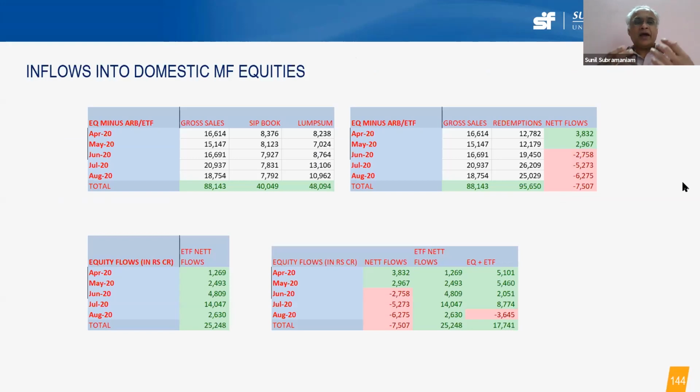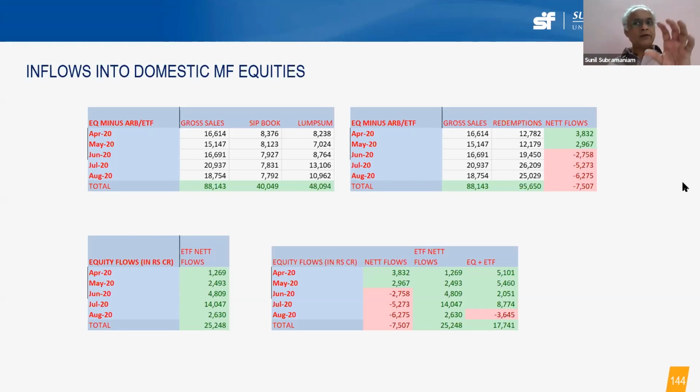So they had experienced a very negative sense in the month of March, and this bounce back has probably led them to say, I've got my capital back, let me pull out my money and I can re-enter later. So overall, the story for mutual fund inflows is that it's about 7,500 crores negative from April to August. So they didn't get fresh cash to go and buy.